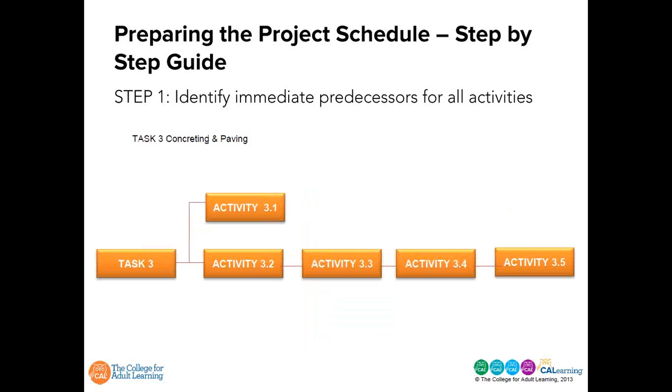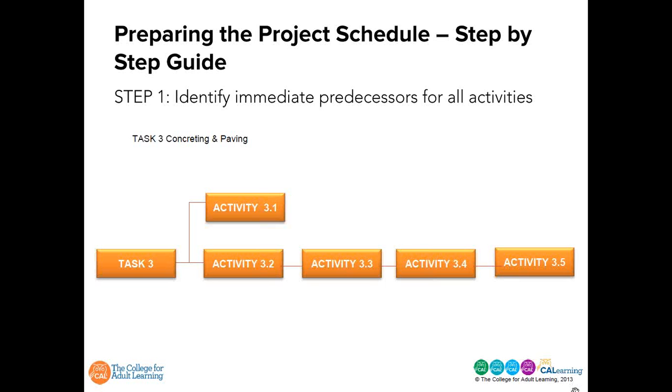Now, if we move to this next one, concrete and paving, you'll see in task 3 that activity 1 is independent of the others, and 3.1 and 3.2 can start at the same time, but that 3.2, 3, 4 and 5 all follow sequentially and so need to be finished in sequence.